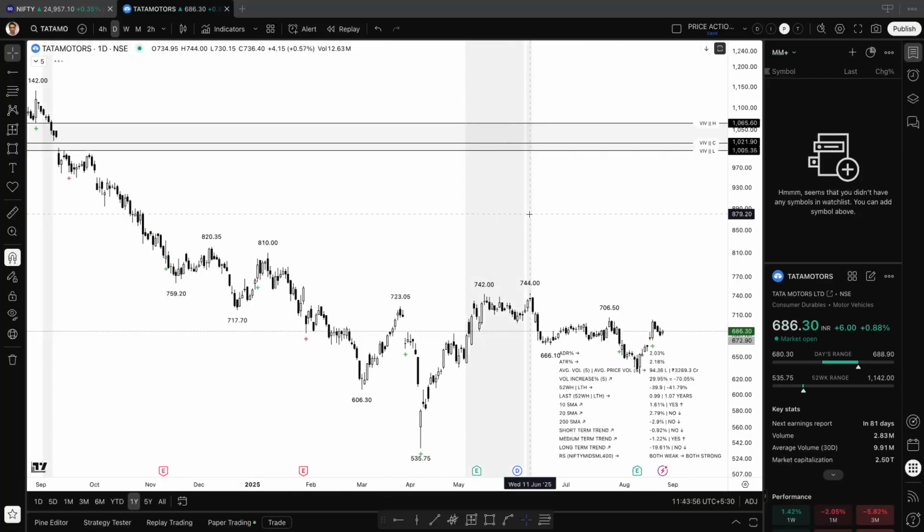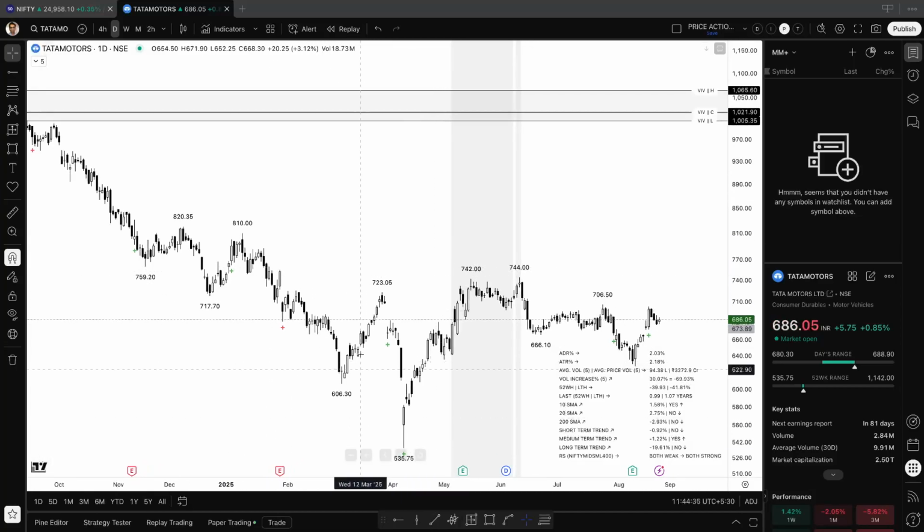So you have to understand how important it is to respect the system, whatever system you are using. If you are using our system, VIV system, then please study all these zones which are automatically getting drawn, and they will help you to understand how price works, how the market works, what is the importance of zones, and what is the importance of the volume or the footprint, and they are telling you some story.